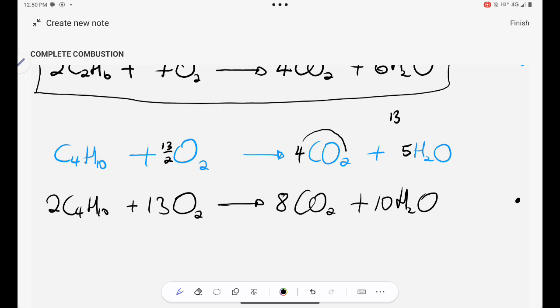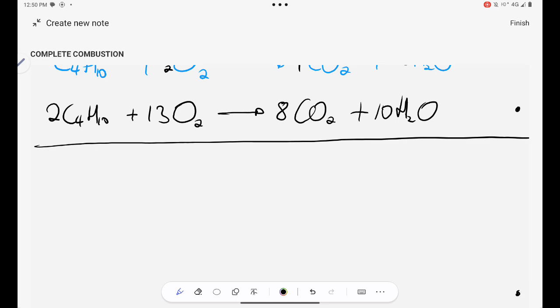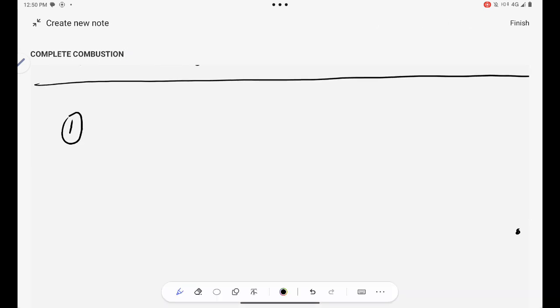Are you together? On the comment section, guys, just to see whether you understand or not, please balance this one for me. The first one, let it be hexane.